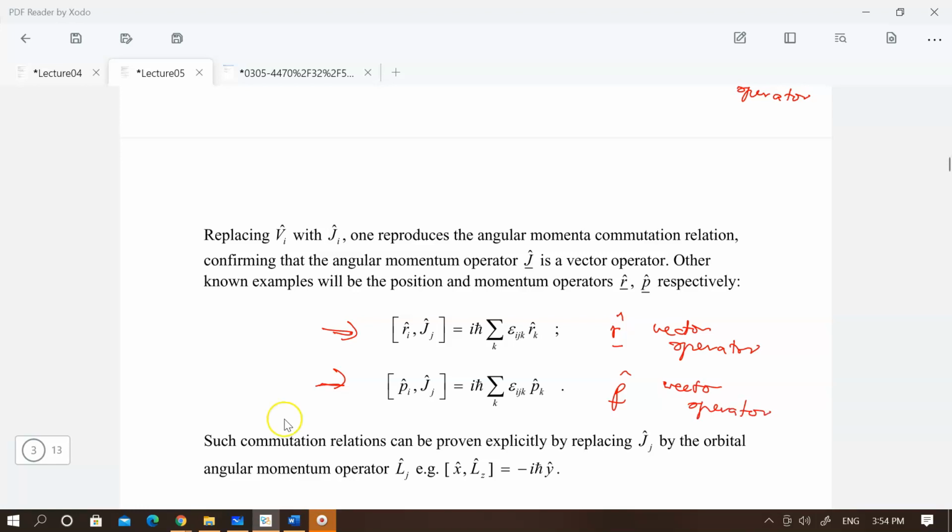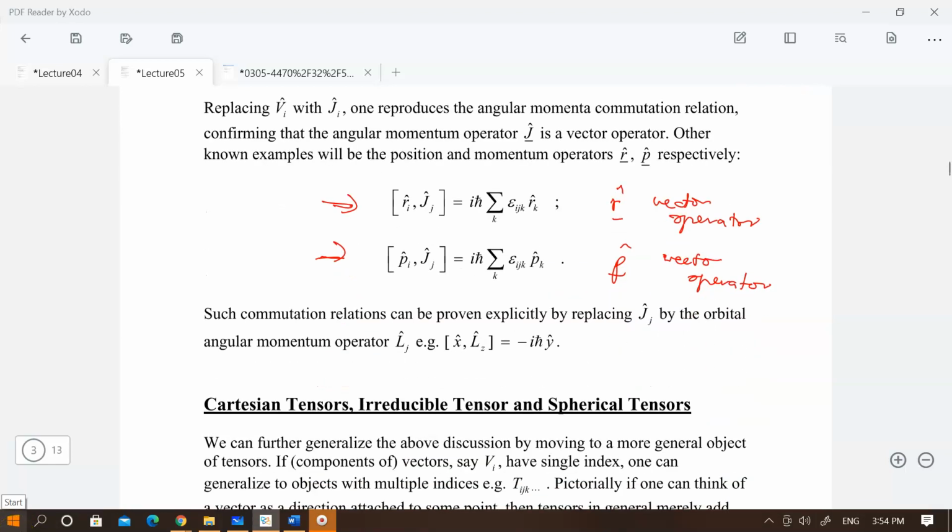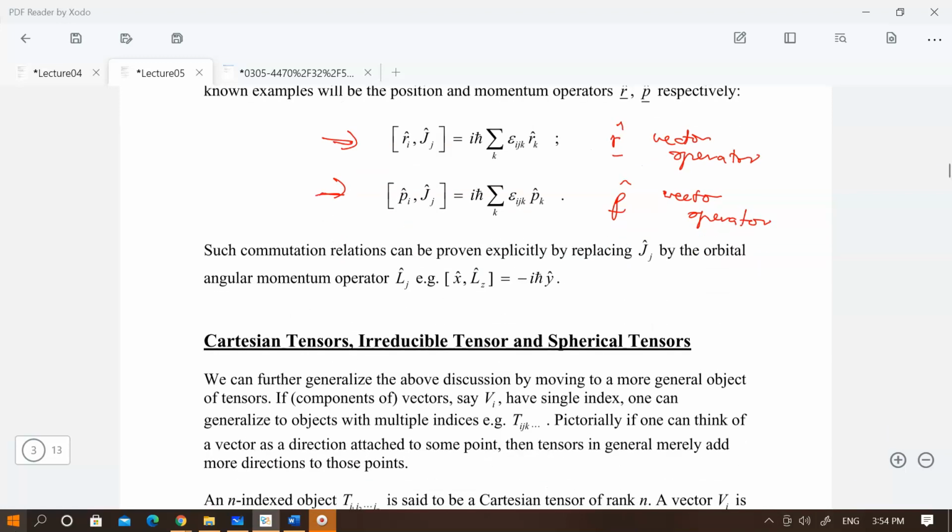So you can see that I can have more structure with respect to the operators by seeing this analogy between the classical case and the quantum case. I think I'd better stop there, because going into tensors will probably take a longer time.